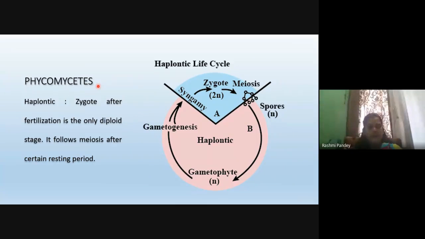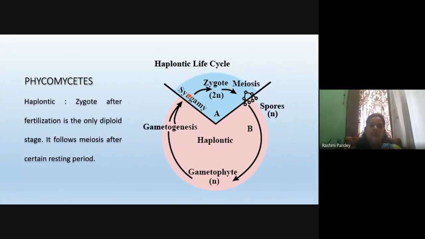In lower Phycomycetes, usually what we get to see is a haplontic kind of alternation of generation. As you see, haplontic does not have any diploid word in it. Mostly in a haplontic generation, the major part of the organism remains haploid. Here the circle in red is the maximum part of the life cycle. This is the gametophyte, and it is present the maximum part of the time.